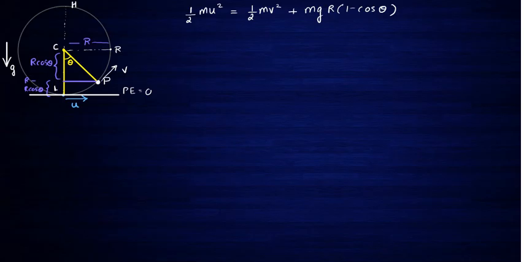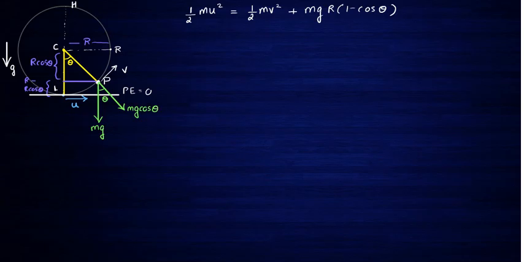Moreover, we can do a force analysis on the particle. mg is the force acting in the downward direction. The component of mg that will be away from tension is mg cos theta, because this is mg and this angle happens to be theta.